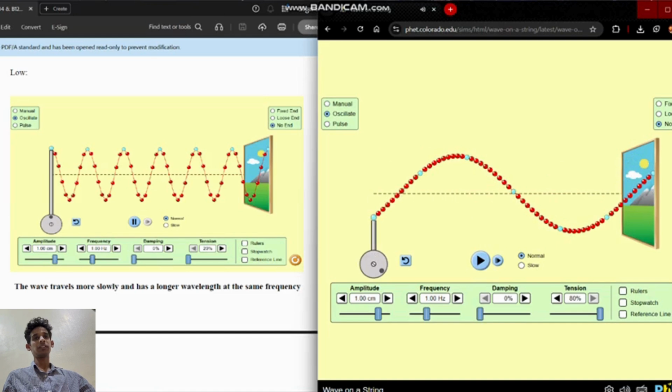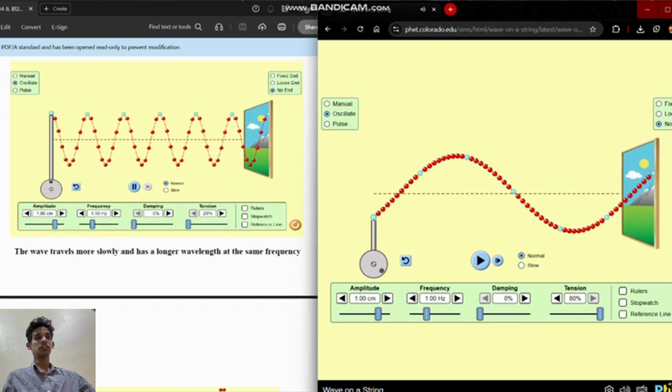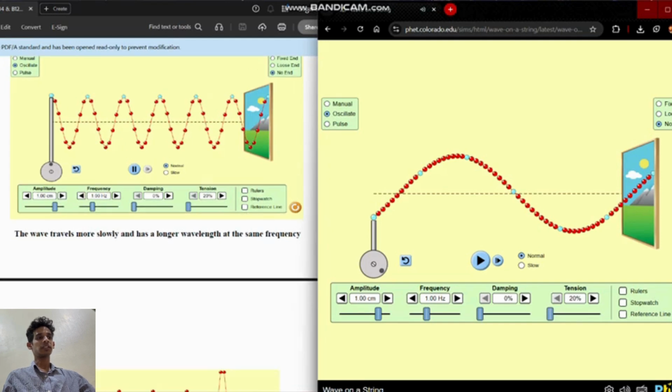Okay, this one is the low tension that you can see here. We set the tension to 20%. What is explained here is that the wave travels more slowly and has a longer wavelength at the same frequency.